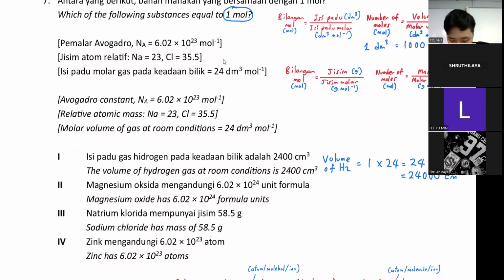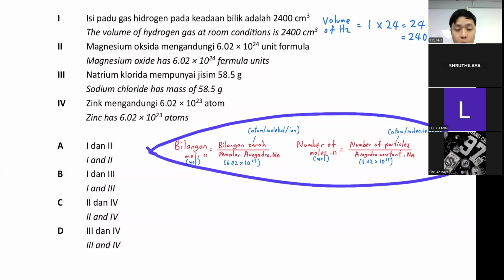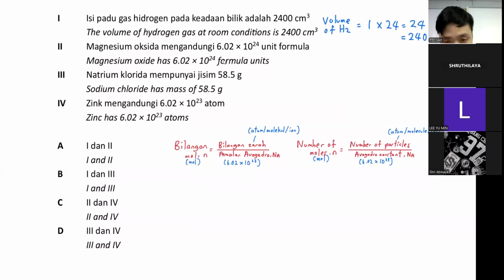Second, magnesium oxide has 6.02 times 10 to the power of 24 formula units. So in this case, very simple. You have to use this formula to get the number of ions, because magnesium oxide is ionic.